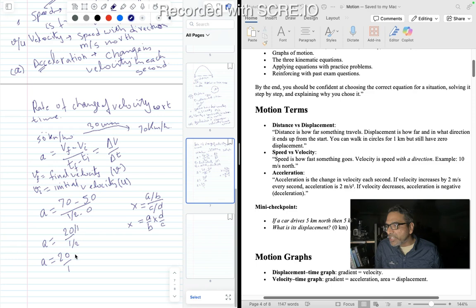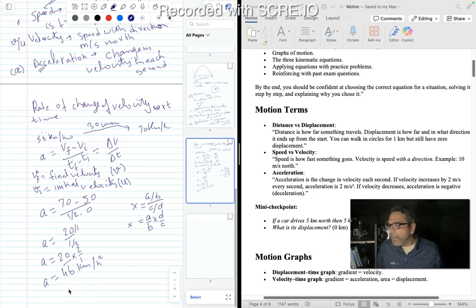So this will be 20 times 1 over 2, 2 over 1. That's what I mean: a over b times d over c. Whatever the denominator is, it becomes the numerator of the next term. Okay, that will be a equals 40 kilometer per hour square.